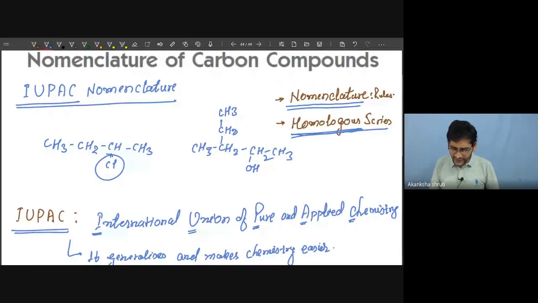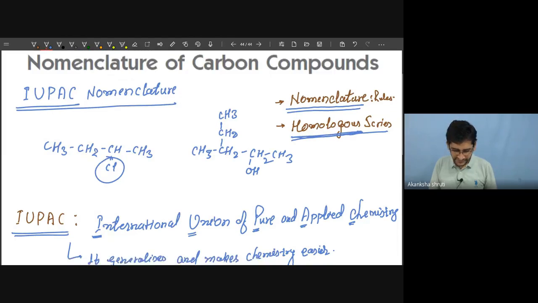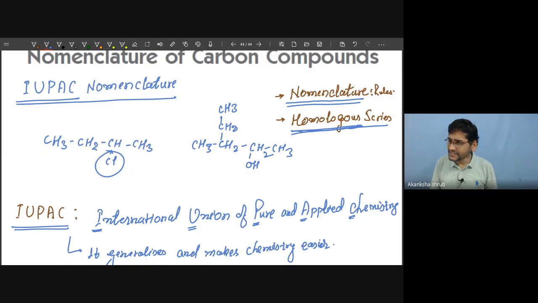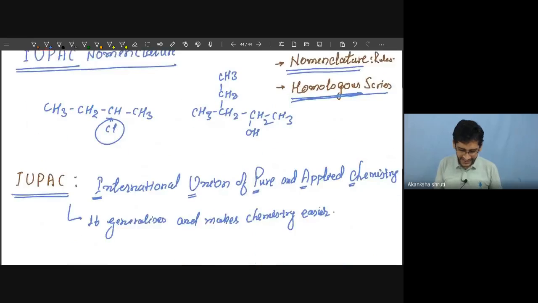So this IUPAC is the International Union of Pure and Applied Chemistry. It is an agency or body or organization which analyzes chemistry and tries to make rules for it so that chemistry can be understood easily.